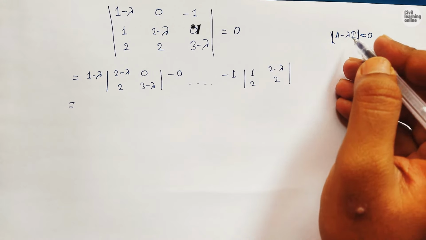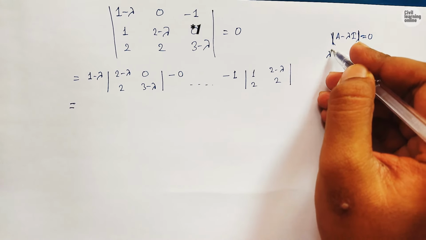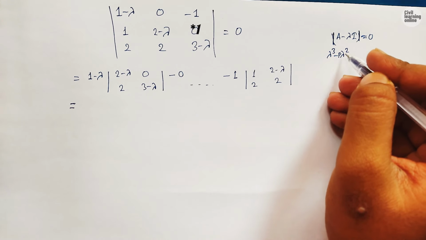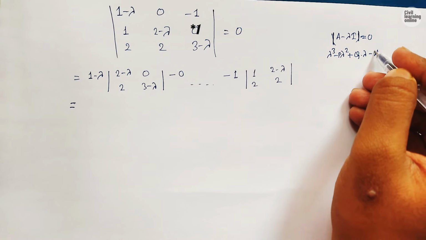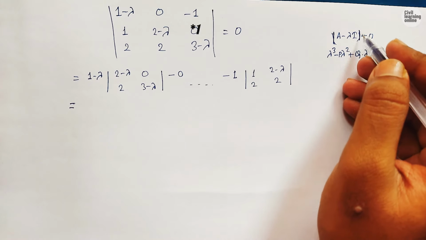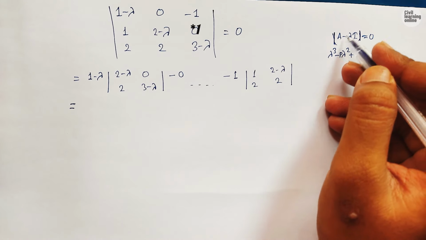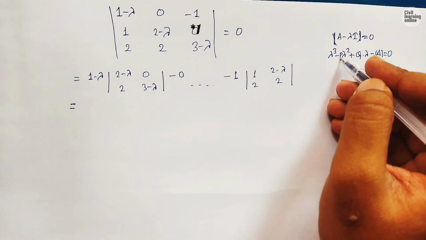On solving this we will get a polynomial of the form lambda cubed minus p times lambda squared plus q times lambda minus determinant of A equals 0. I hope you got it. When we find the determinant of the characteristic equation, we get a polynomial of this form. Now what are p and q?